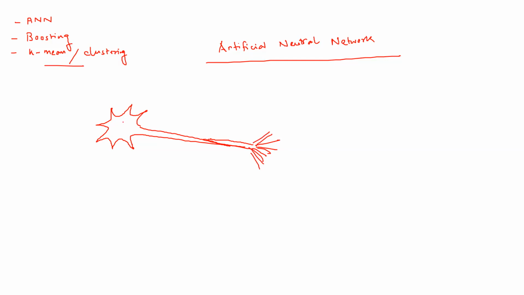Something like this. This is the head and this is the tail of the neuron, and there are some branches here. And also in the head there are multiple receptors. This is one receptor, this is one receptor, this is one receptor.